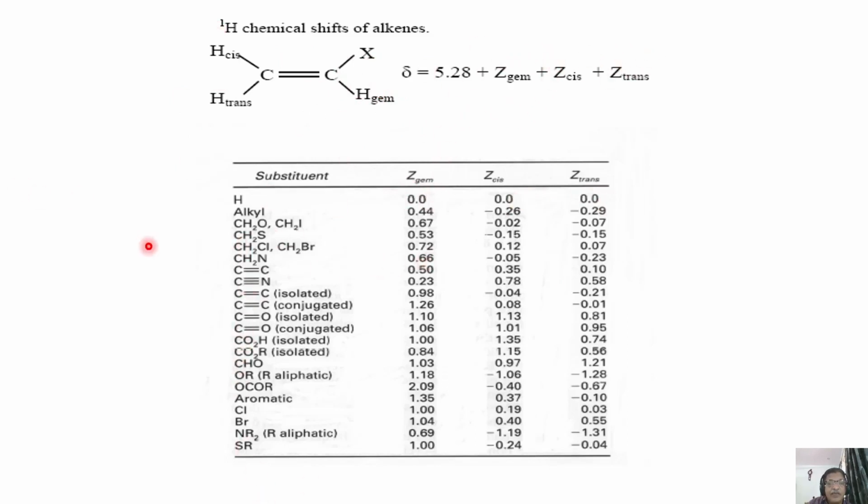If it is CH2N, take 0.66 as geminal, and trans, if it is let us say bromine trans, take 0.55. Like that you add up and you will know what should be the chemical shift for this proton. Like that you can easily do. This is the basic idea I wanted to tell you about the Gibbs-Scheele rule to predict the chemical shifts.